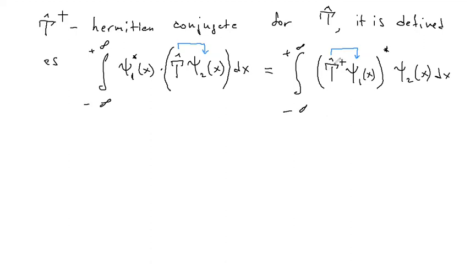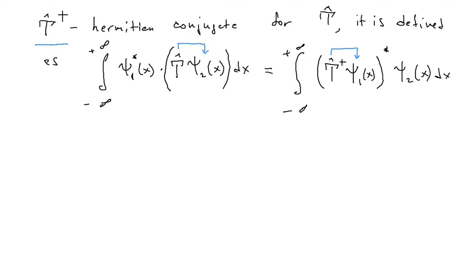So Hermitian conjugate. If you can do this, then you can define what's called Hermitian conjugate, or you can perform Hermitian conjugation for operator T. Don't put too much behind it. It's just a definition of what we call Hermitian conjugation or Hermitian conjugate.